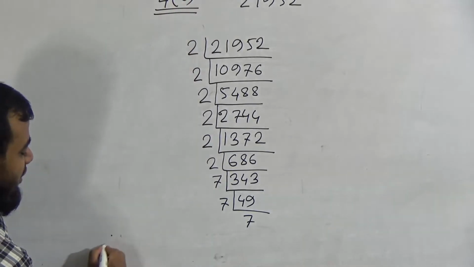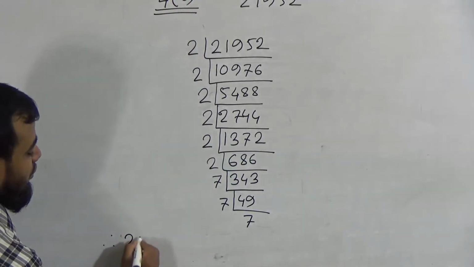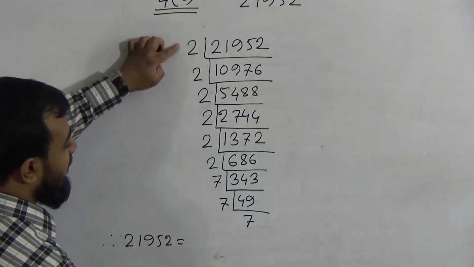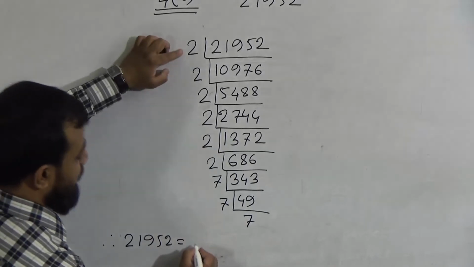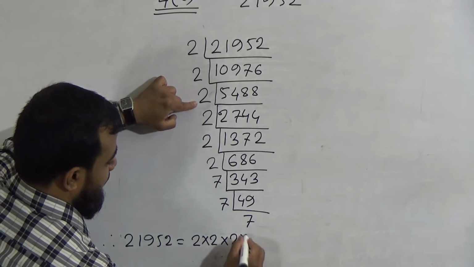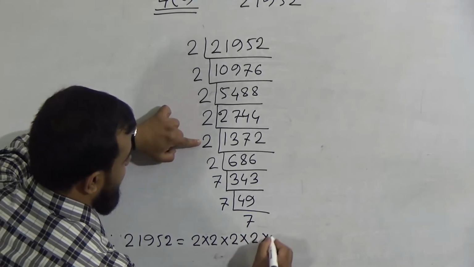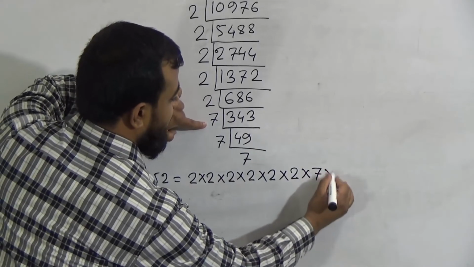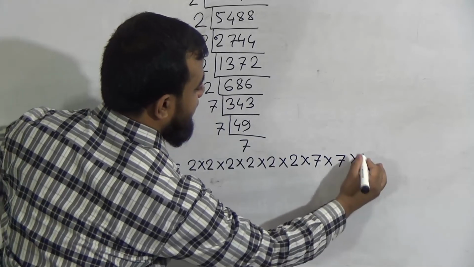Now we can write down, my dear students, therefore 21,952 is equal to the multiplication of the prime numbers. So 2 multiply 2 multiply 2 multiply 2 multiply 2 multiply 2 multiply 7 multiply 7 multiply 7.